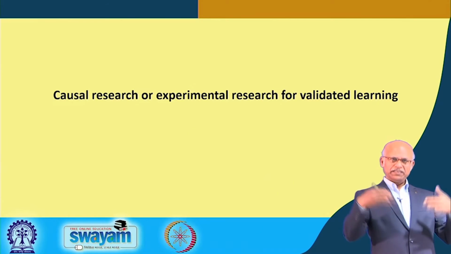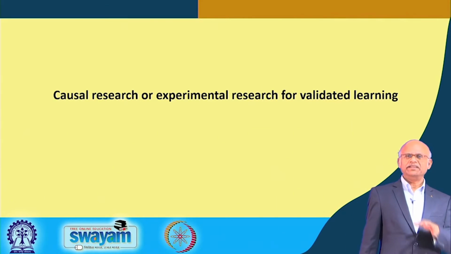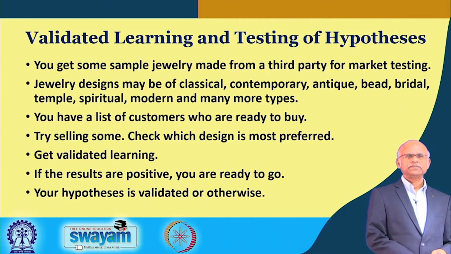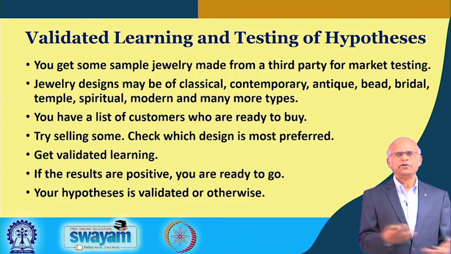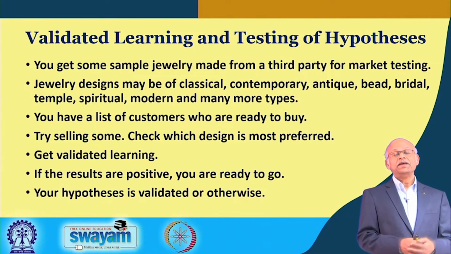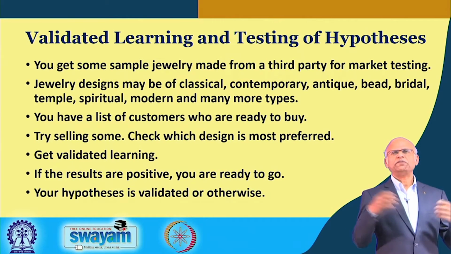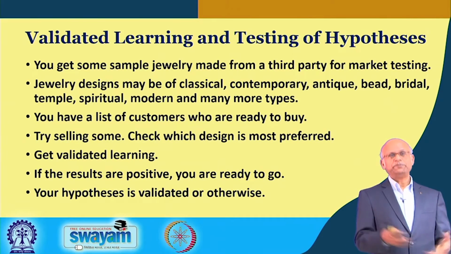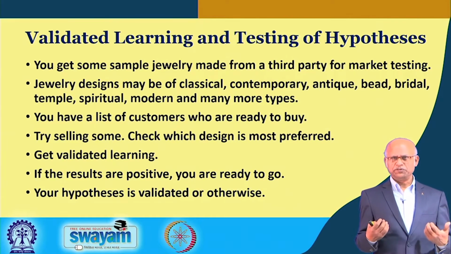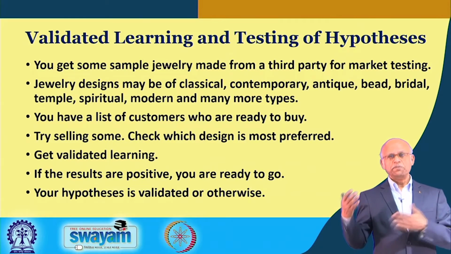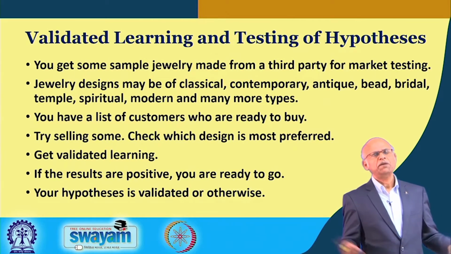Now, to do that, let us do causal research or experimental research for validated learning. This is real validation. You get some sample jewelry made from somebody abroad or from whatever source, machine made, and then you make different types of jewelry. Jewelry is of various kinds. Some are classical, some are contemporary, some are antique, beads type, bridal type, temple type, spiritual, modern, and many more types.